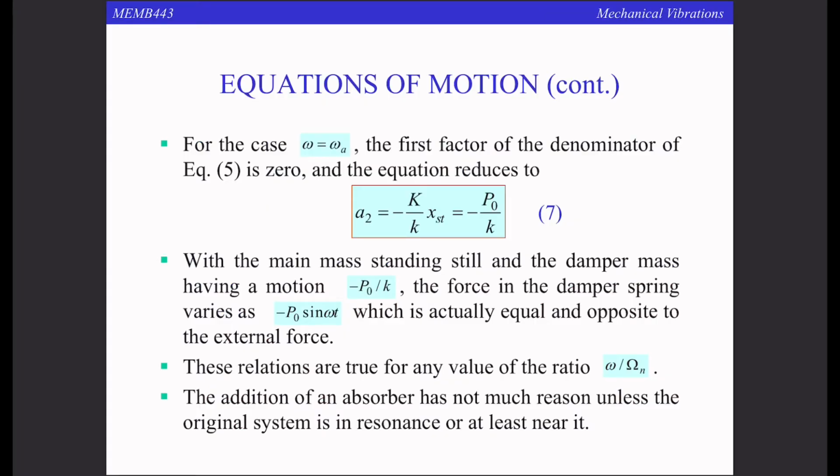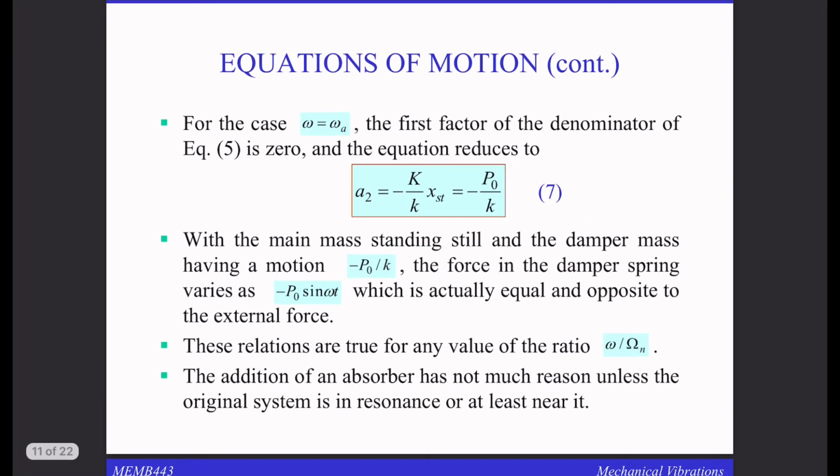Following your lecture 18, the design criteria is omega equals omega A. Then you get your XA, the amplitude of the absorber, to be negative P naught over K, which is KA, the K for the absorber.